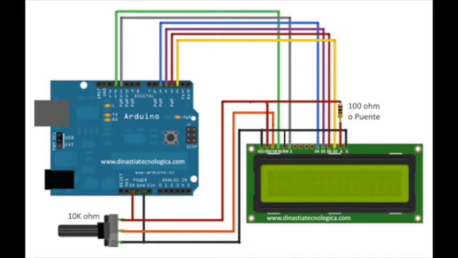The grounds are VSS, RW, and K. And for the voltage is VDD and A. On A we need an LED resistance for the light control. And the pins from D4 to D7 and RS and E on the Arduino, we put them from 7 to 12.